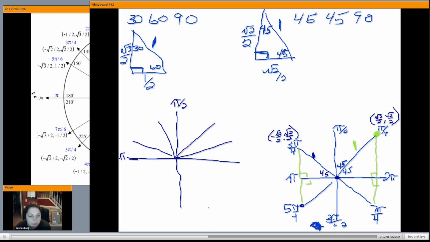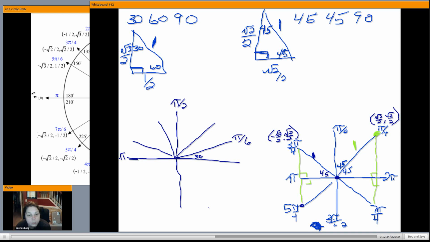So this is 30 degrees, 60 degrees, 90 degrees. And then we've got our 30, see, 30, 30, 30, 30. So what we're doing is taking our pi and dividing it into 1, 2, 3, 4, 5, 6 sections. If you can count, you can do this. So this is 1 pi over 6 because I divided it by 6 so that I could get 30-degree angles. That's why I did that.